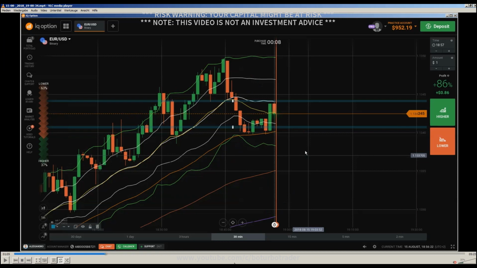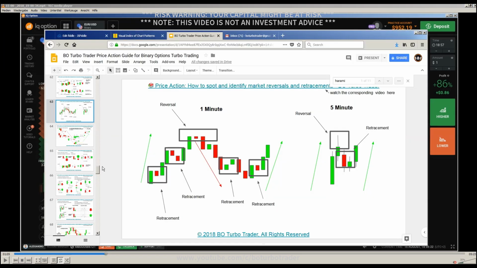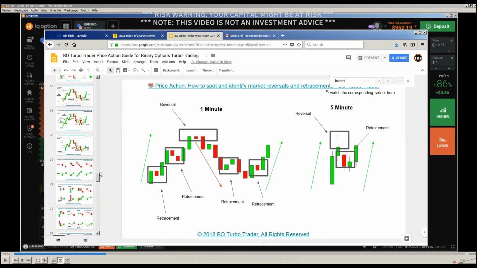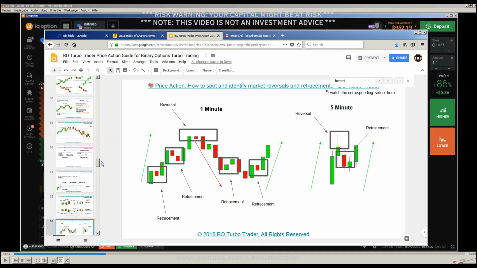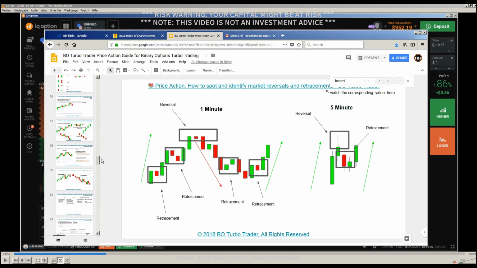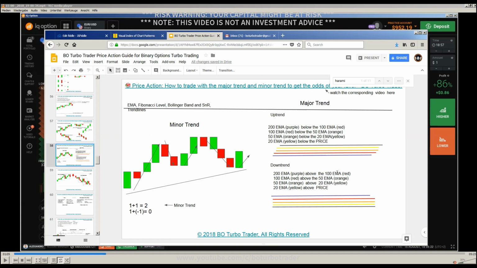Important here to know is the video about market condition, like always, where I have also explained the alignment of the EMAs, how the market behaves in certain conditions, and here with the EMAs, for example, it's clear that we are still in an uptrend.